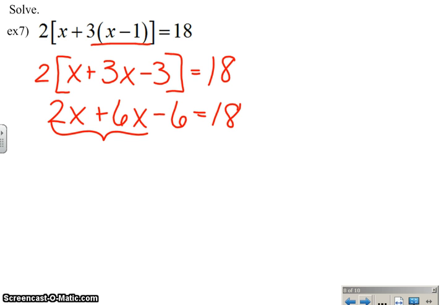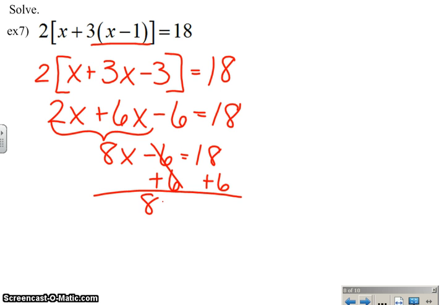Combine your like terms. And now let's undo. So we're going to add a 6. And we're going to divide by 8. And we get our answer of 3.